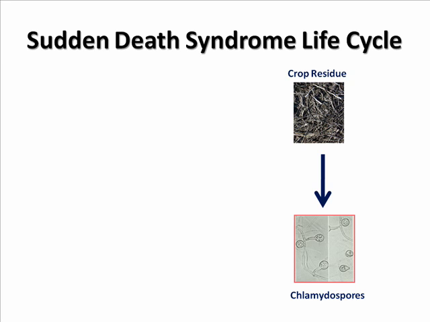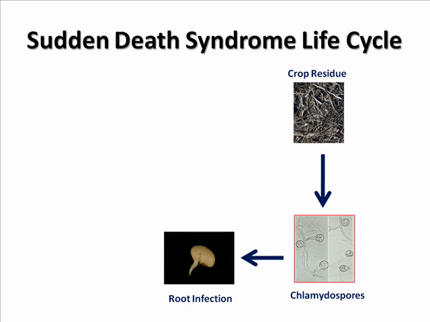Then in the spring, once environmental conditions are right, meaning soil moisture and soil temperature are conducive, the hyphae of the chlamydospores will infect the soybean root. This is where a lot of research is being done right now, because they don't really know or understand when the actual infection is occurring.